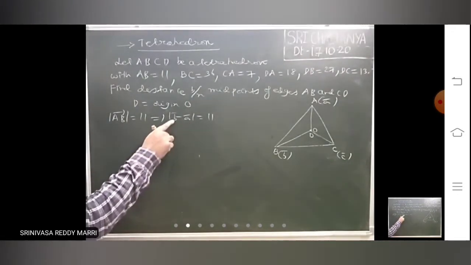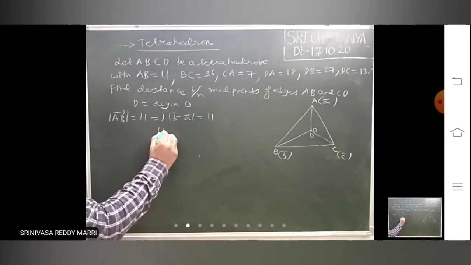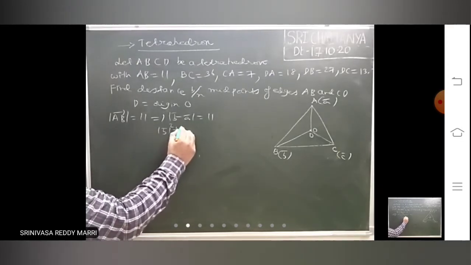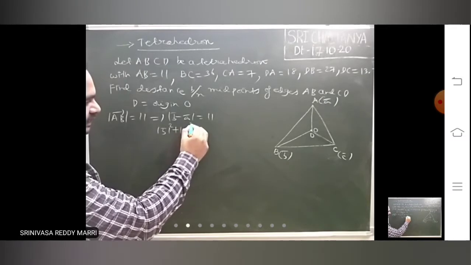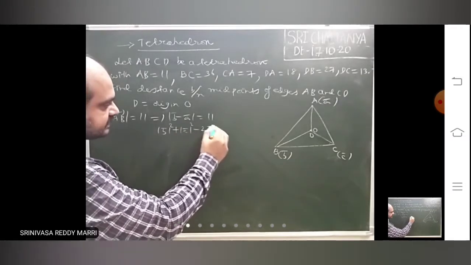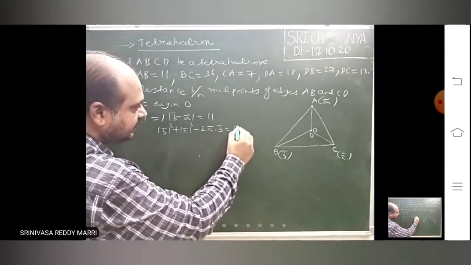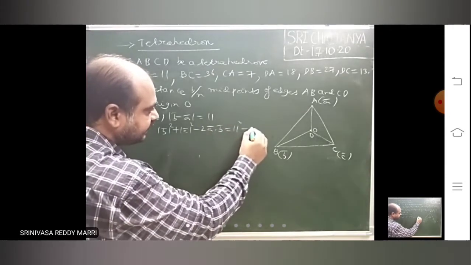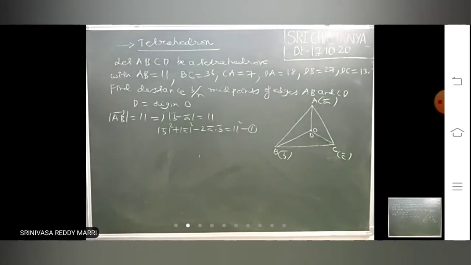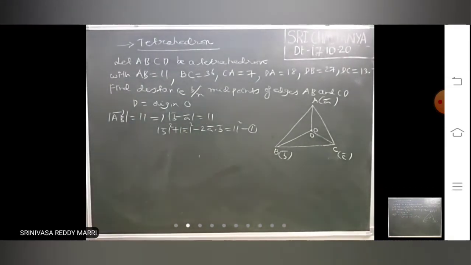You know the formula: modulus of B bar minus A bar squared is modulus B bar square plus modulus A bar square minus 2 A bar dot B bar, equal to 11 squared. Squared on both sides. Let us call it the first equation. That is the given information.